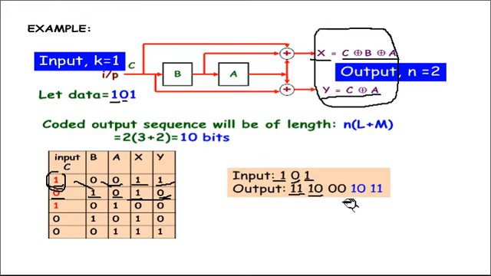Similarly, the status can be observed for the next input bit, that is 1. So it will be 0 0. For the next input bit, it will again be accepted to C. So contents of C will be shifted to B, and contents of B will be shifted to A. So right now the status for CBA will be 1 0 1.